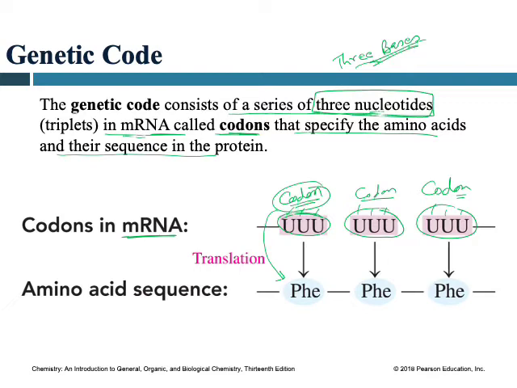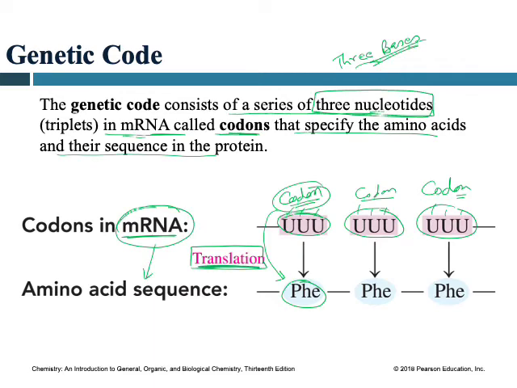UUU normally calls for one amino acid, phenylalanine, right? And this process we call translation: the conversion of mRNA information into an amino acid sequence.